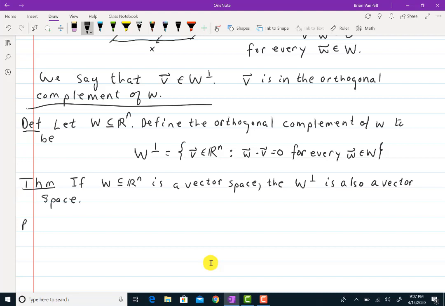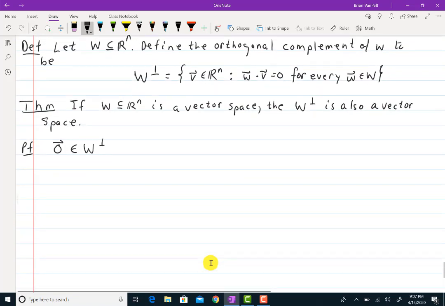Well, for the proof, we already know that 0 is in W perp, because 0 dotted with anything in W is going to be 0, because the 0 vector is orthogonal to everything, not just W.